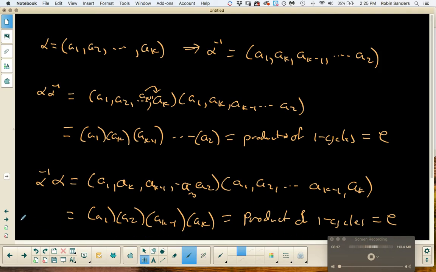Well, the last thing we need to do is generalize the inverse of a cycle to get inverses of permutations that are written in disjoint cycle decomposition.